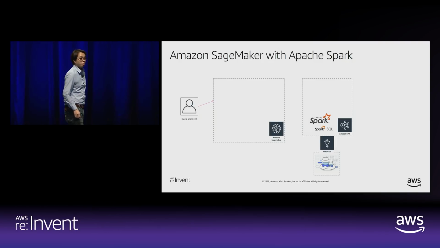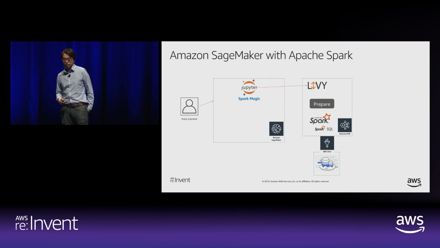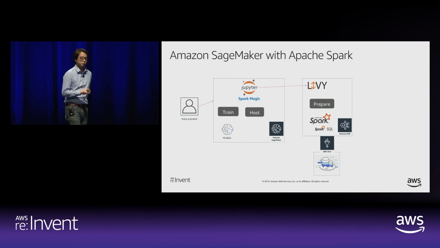One really cool thing with SageMaker is that you can have it integrate with Hadoop clusters like EMR. Typically in a machine learning workflow, you have a prepare phase, followed by a training phase, and then a host phase. And it's not enough just to secure the interface through which the data scientist is working.